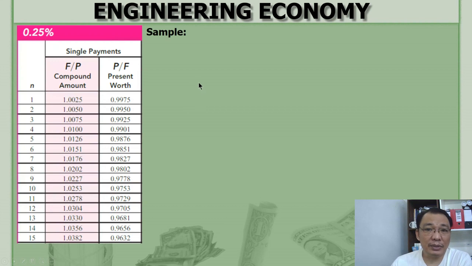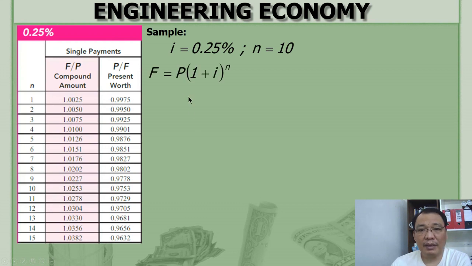Let's have a sample computation. With an I of 0.25% and let us say n equal to 10. So let's derive this one. We have this formula, F is equal to P times 1 plus I raised to n.